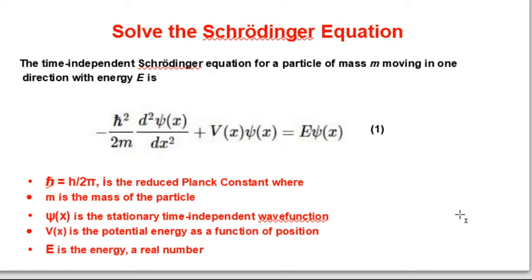Stationary means the particle is having a wave function and it is having a corresponding energy, eigenfunction and eigenvalue. And its energy value will remain a constant, will remain as such. That is indicated by the term stationary. And what is V of x? It is potential energy. That is also a function of position. E is energy. Energy should be a real number.